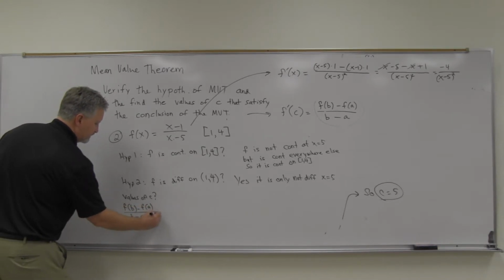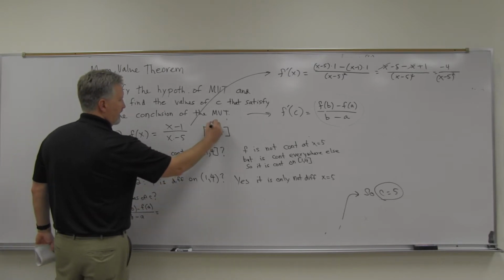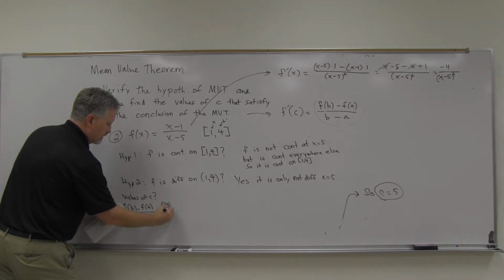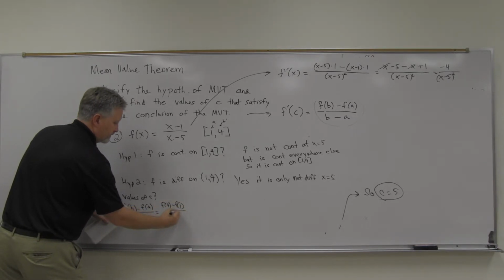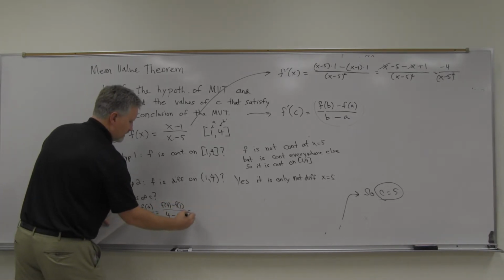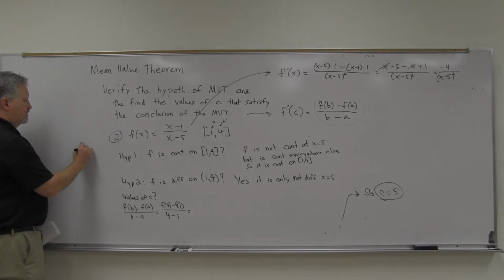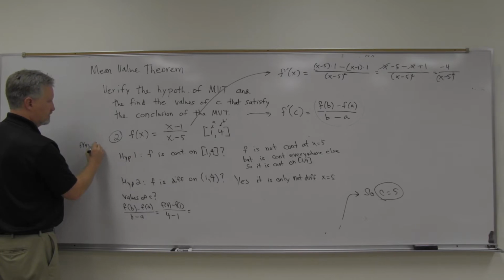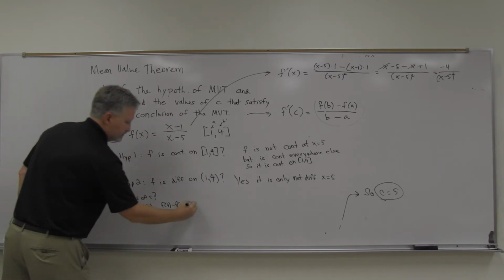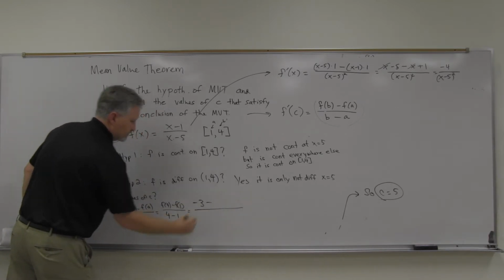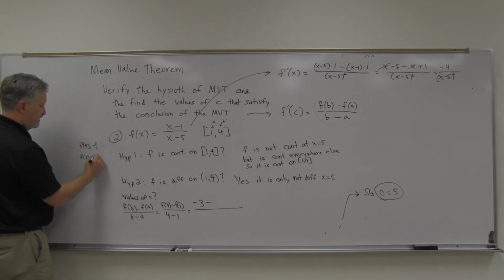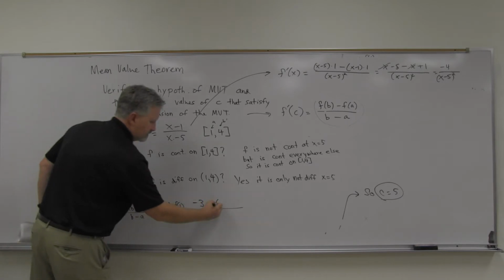We've got our a and b: a is 1, b is 4, so it'll be f of 4 minus f of 1 over 4 minus 1. f of 4 would be 3 over negative 1, negative 3. f of 1 would be 0 over negative 5, that's 0.